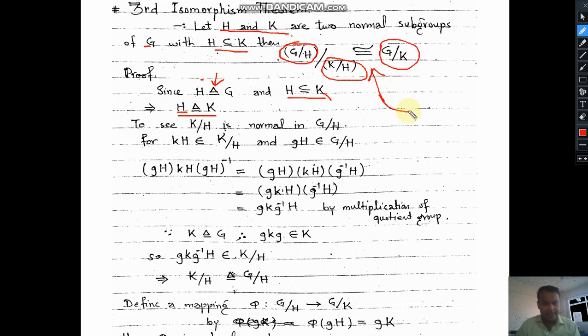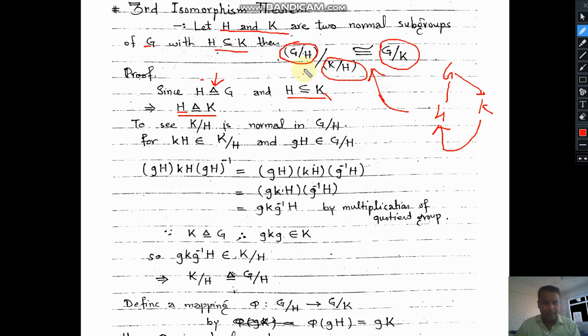It means H is a normal subgroup of G. This is G. H and K are normal subgroups of G, and here we have categorized that H is also a normal subgroup of K.